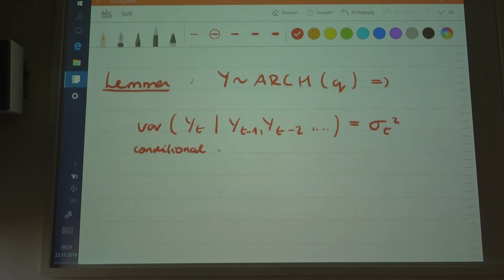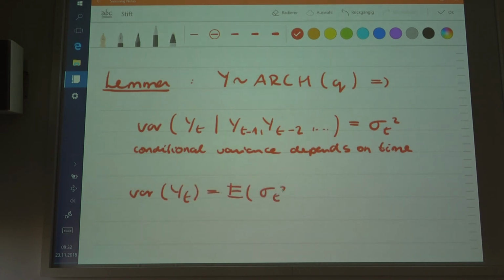The conditional variance depends on time, obviously. But the variance of the process is equal to the expectation of sigma squared, and the expectation of sigma squared does not necessarily depend on time.